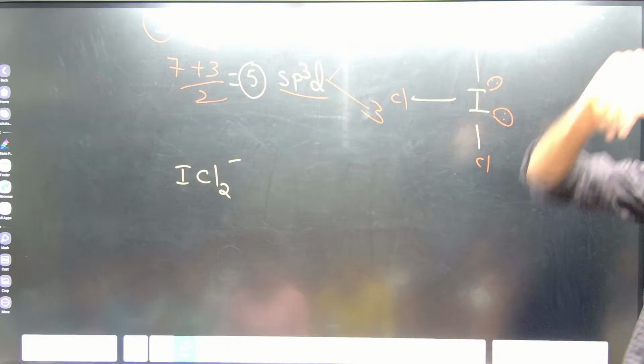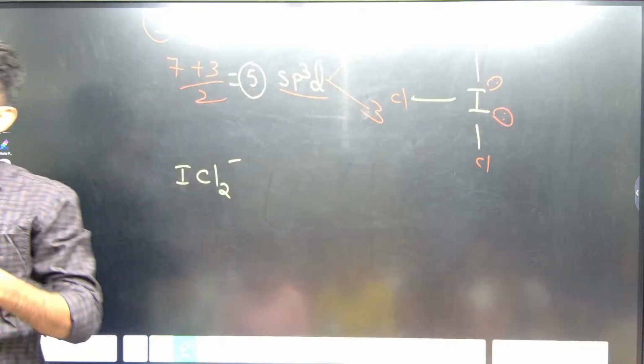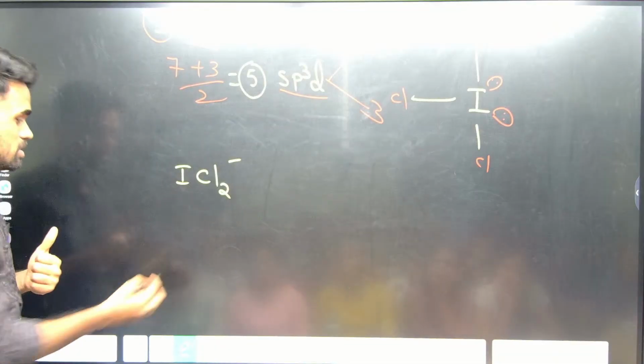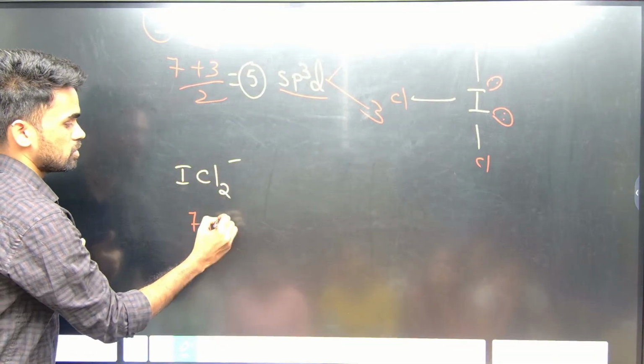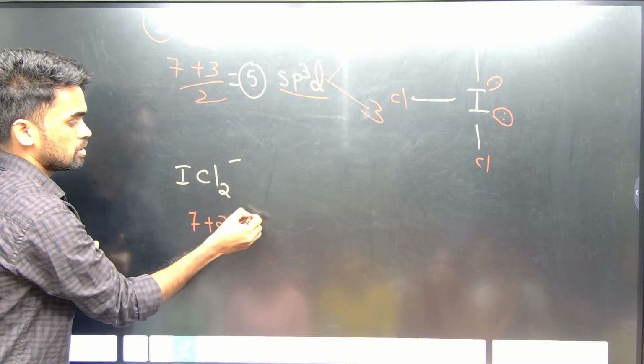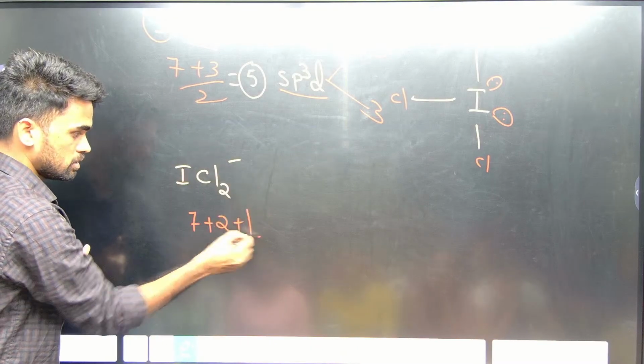Done? I means what is the group number? 7. Place surrounding atoms, 2. What is the charge? Minus 1 means you add that.